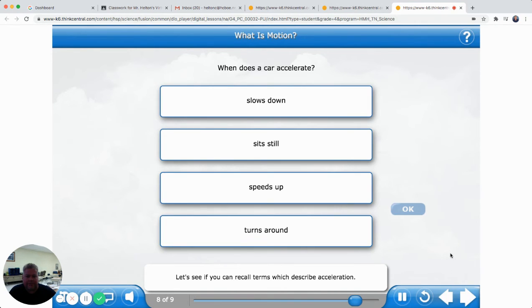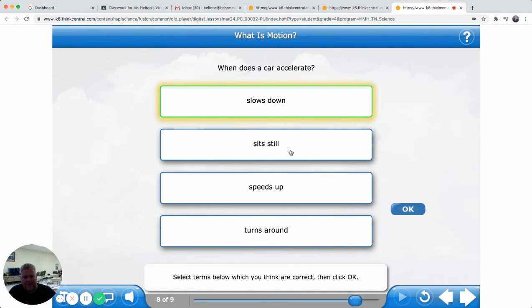Let's see if you can recall terms which describe acceleration. Select terms below which you think are correct, then click OK. Well, acceleration is a change in speed. It could go faster. It could go slower. It's also a change in direction. Sitting still, I don't think there's anything changing there.